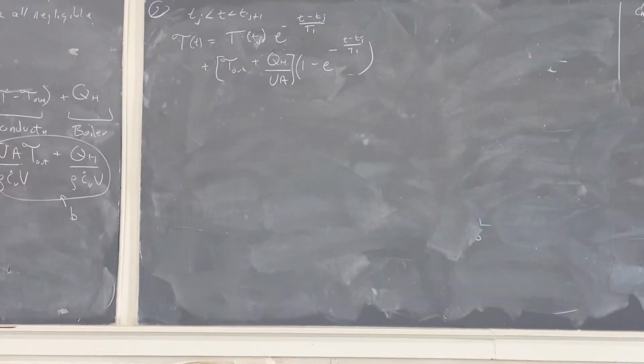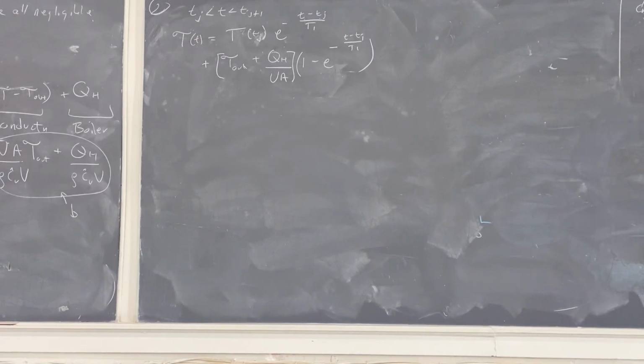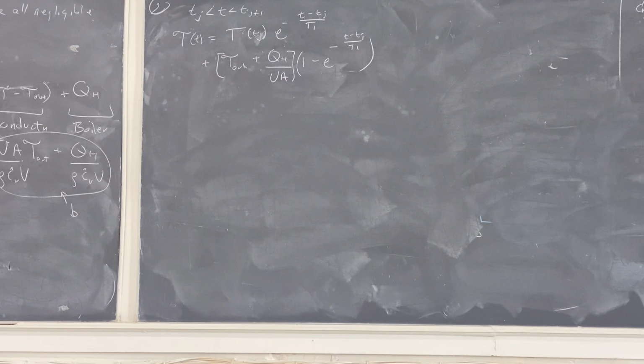The TJs are the times that the heater either switches on or off. I have them listed here. At T1, say the heater goes on. At T2, it goes off. At T3, it goes on. At T4, it goes off. So it's just the times at which I either hit T min or hit T max, temperature min or temperature max.